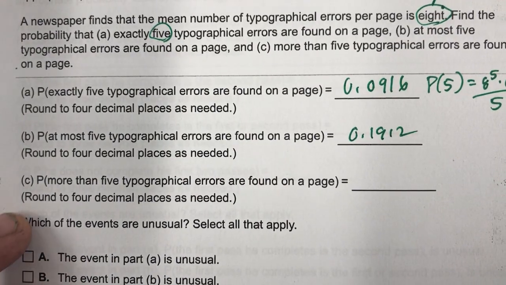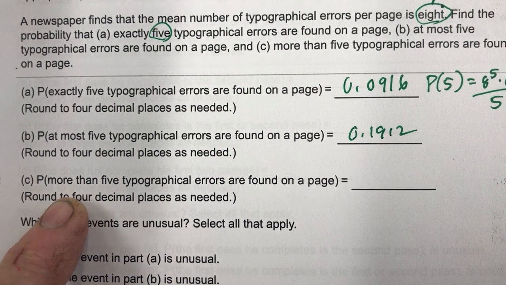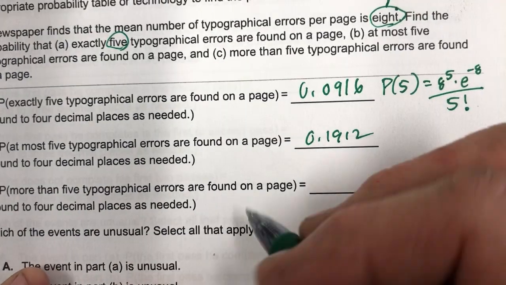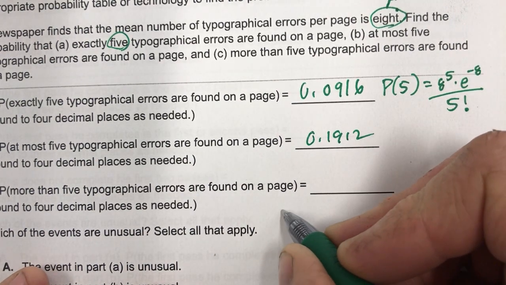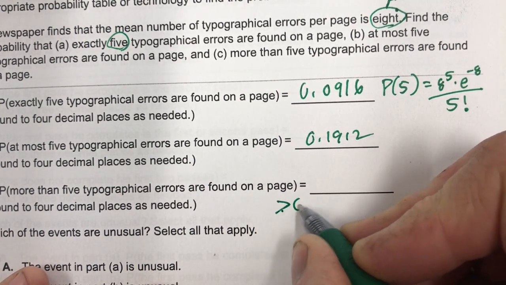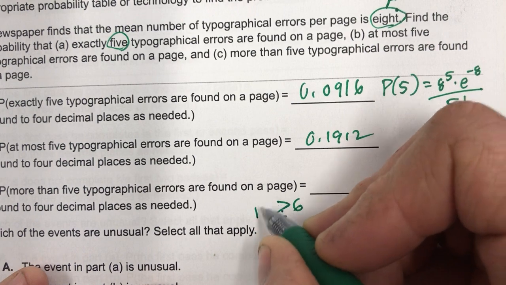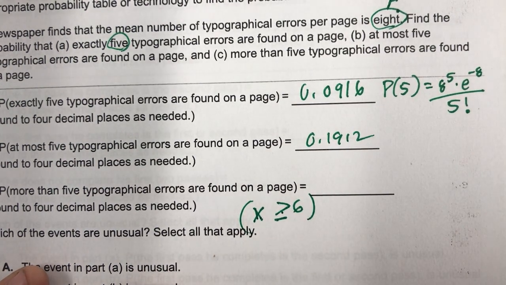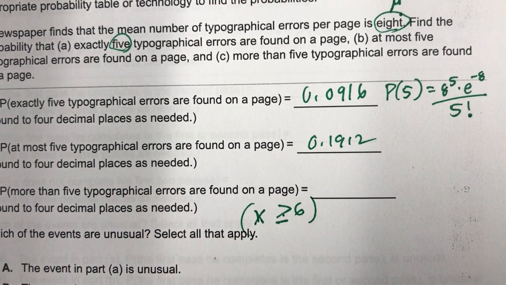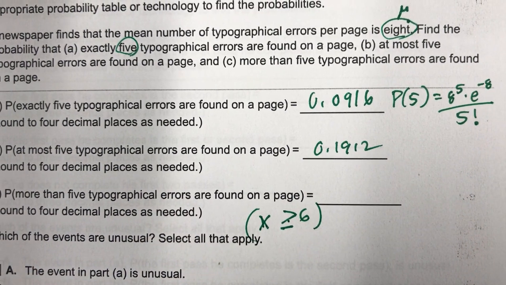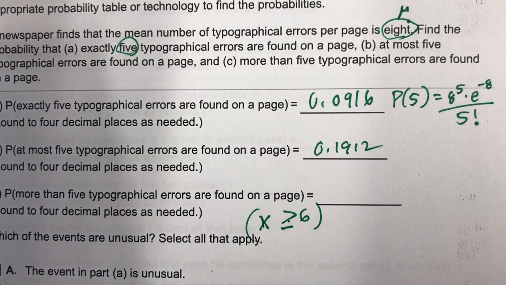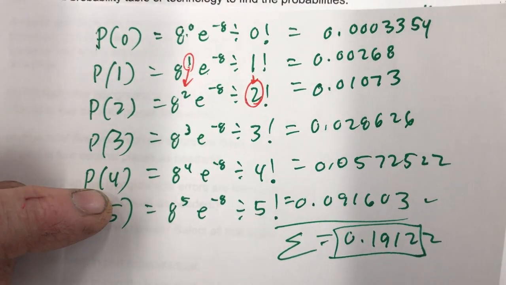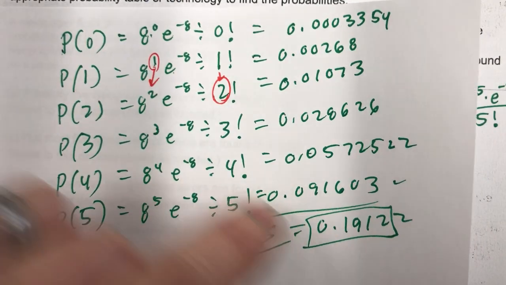All right, now the last one here, C. More than 5 typographical errors are found on a page. So that's more than 5, which is greater than or equal to 6. What we just did was 0 through 5, the probability of 0 through 5.